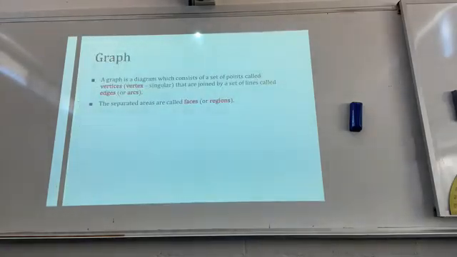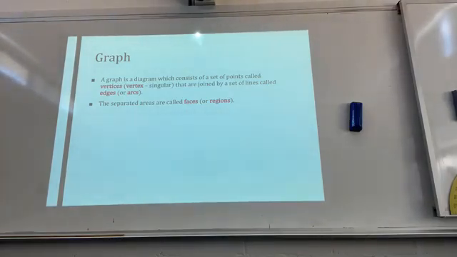All right. So now let's start off with the definition of a graph. A graph is a diagram which consists of a set of points called vertices, or vertex in the singular, that are joined by a set of lines called edges or arcs. The separate areas are called faces or regions. So you need to know your definition. All right.